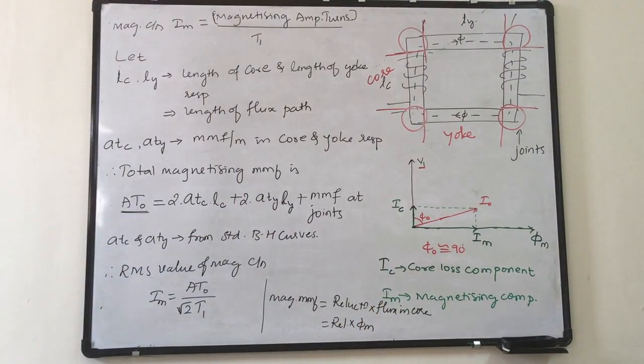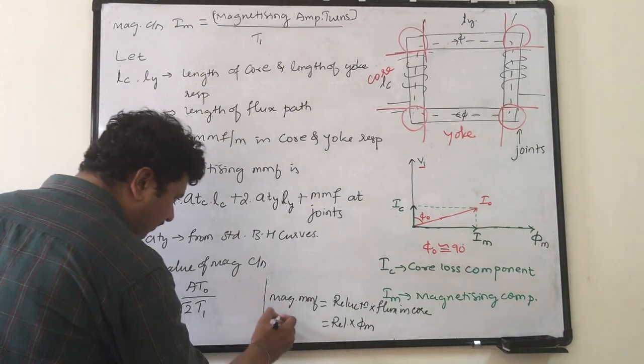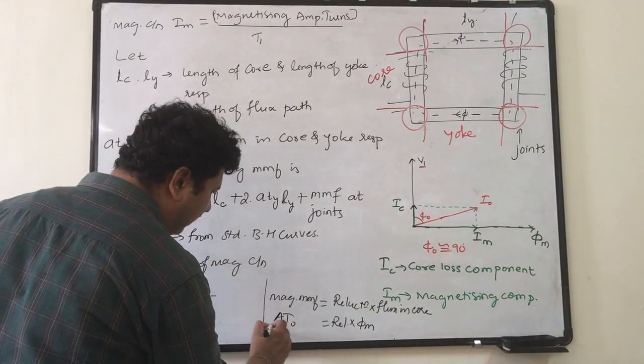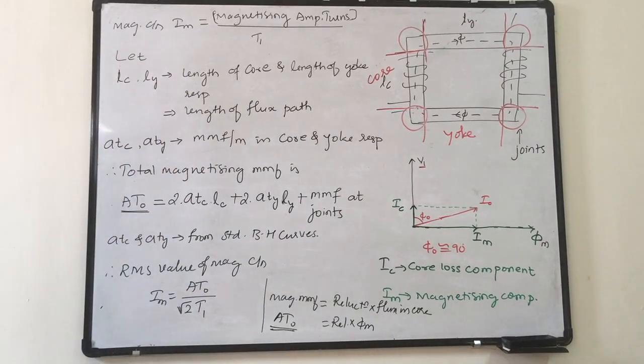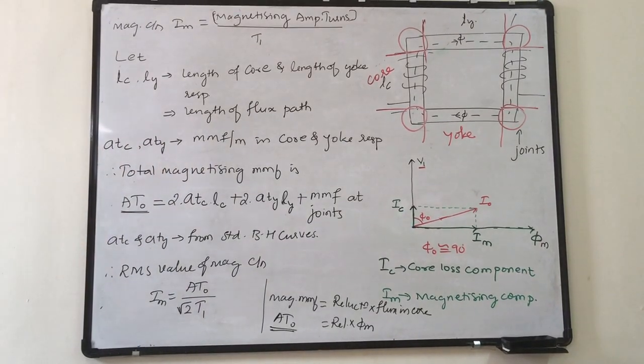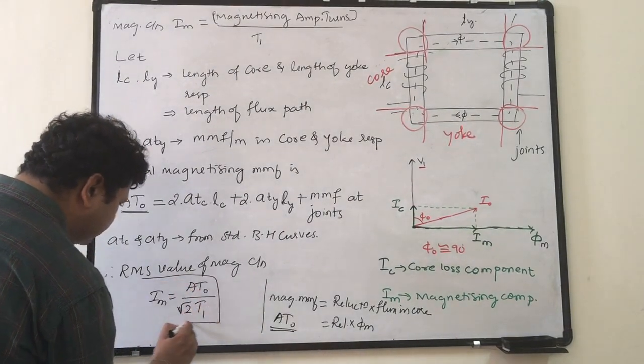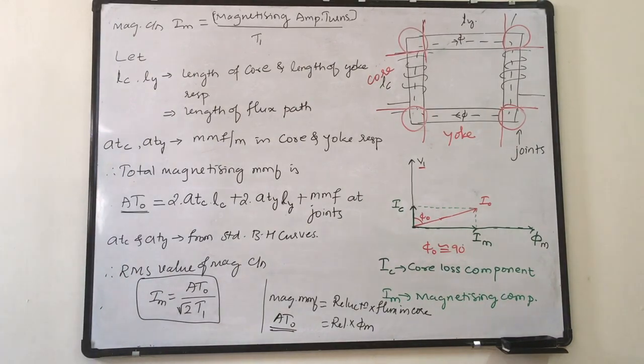Flux in core is phi m, always the maximum flux we have. So whatever the magnetizing MMF AT naught I have, these are the maximum values. To get the RMS value, divide the maximum value by root 2. So the RMS value of magnetizing current is AT naught by root 2 into T1.